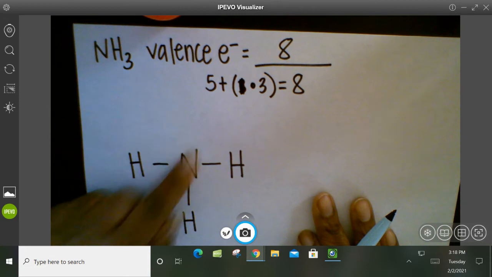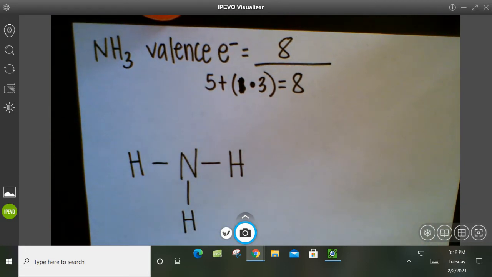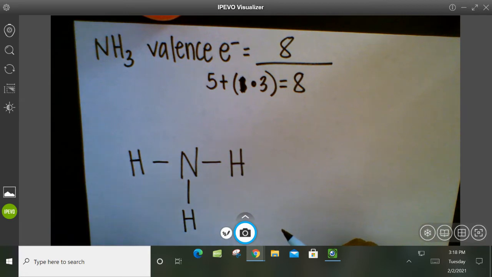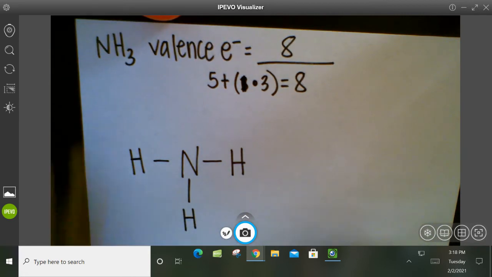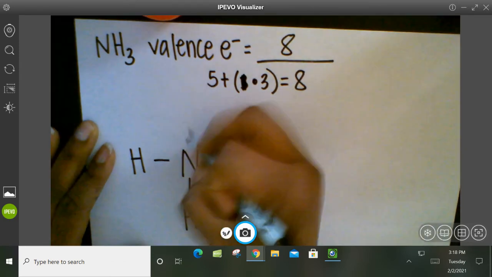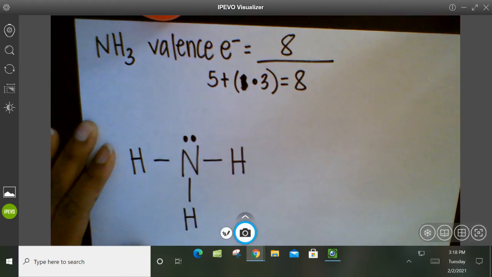I can't do another bond because I don't have another hydrogen. If you have leftover electrons and your terminal atoms will not take any more, because you can't put any lone pairs on hydrogen, then those extra electrons will go as lone pairs on the central atom.